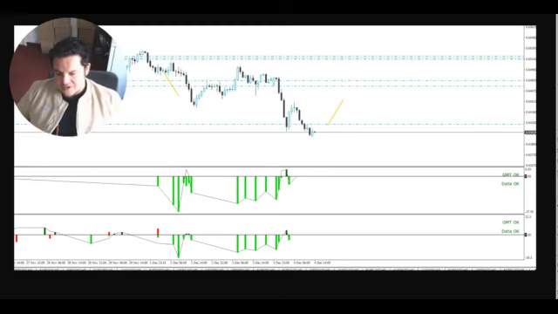So we are able to see at which points we have semi-smart money buying and selling. And this is a very, very exceptional addition to our templates, okay?